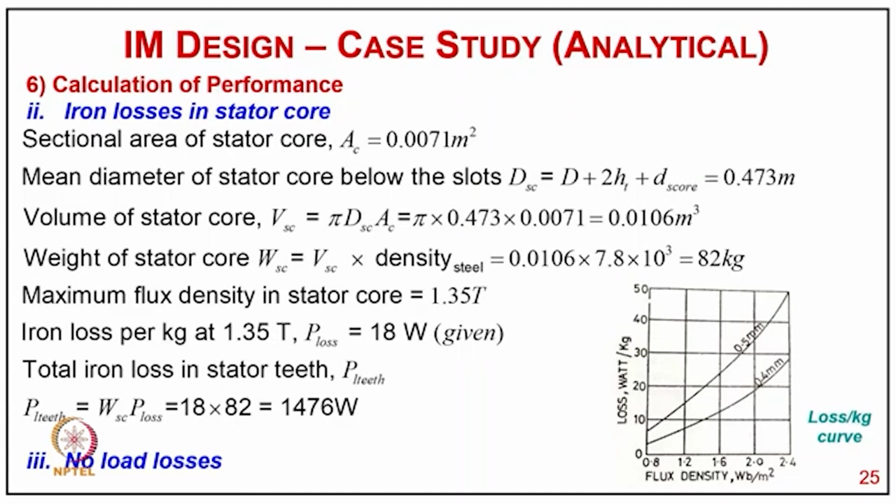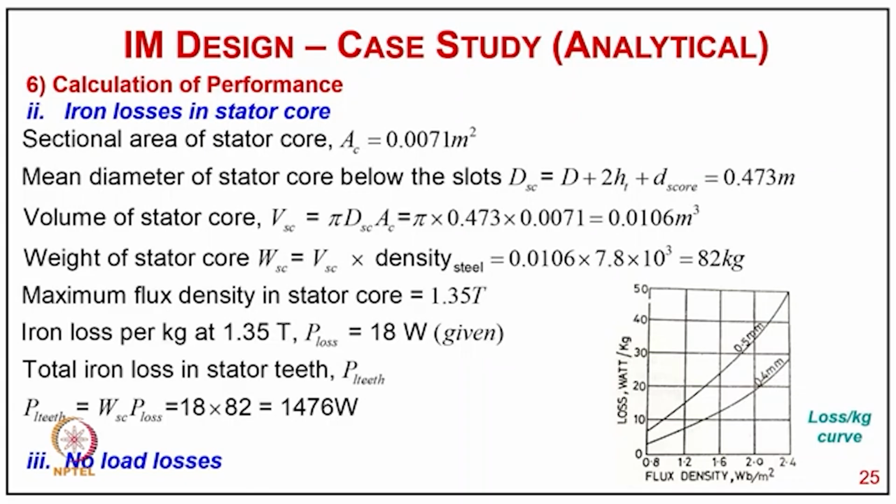The maximum flux density in the stator core is typically 1.35 Tesla, which we consider, and the iron loss from this characteristic at 1.35 Tesla per unit kg is 18 watt per kg. So the total iron loss will be this specific loss multiplied by the weight.